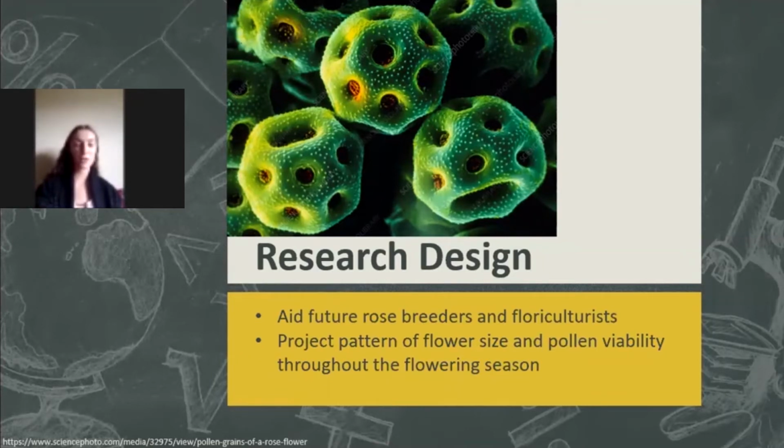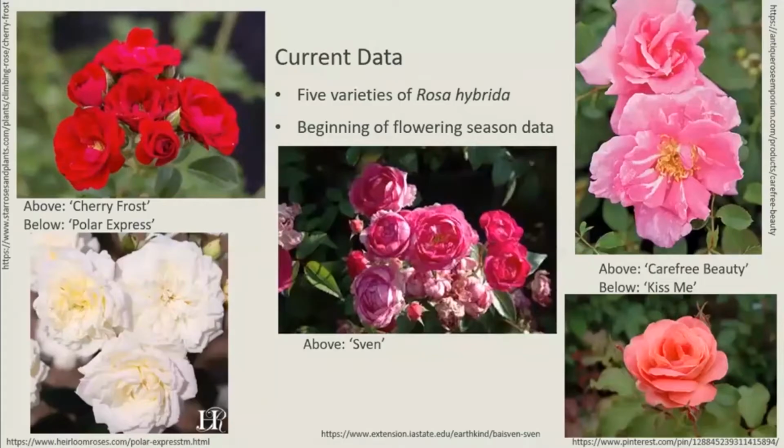The design is also to project the pattern of flower size and pollen viability throughout the flowering season. For those of you who may be concerned with the photo, that is a blown up picture under a microscope of viable rose pollen, which may look very similar to a certain pest that we're trying to avoid, but I can promise you that it's completely harmless.